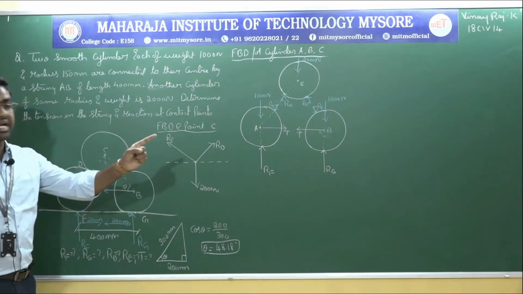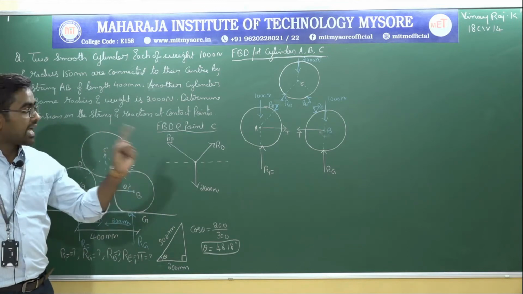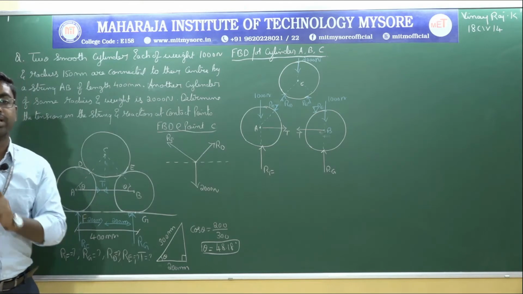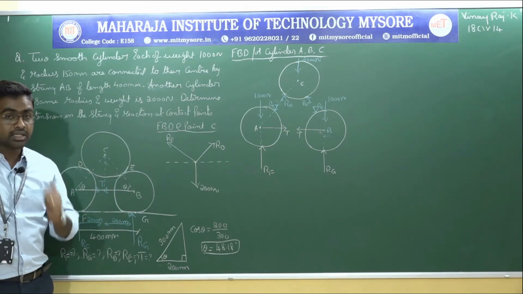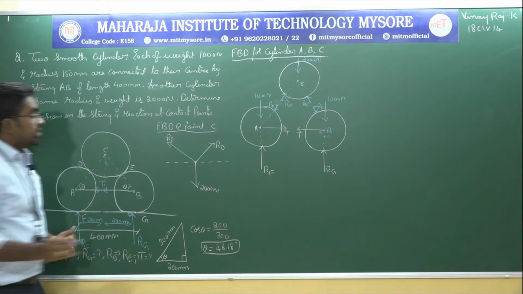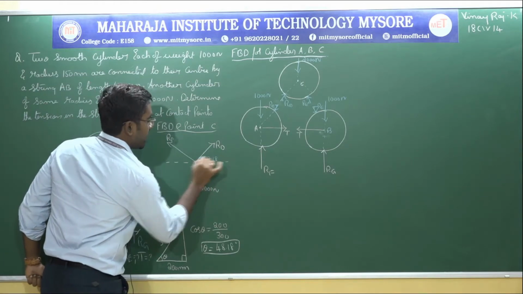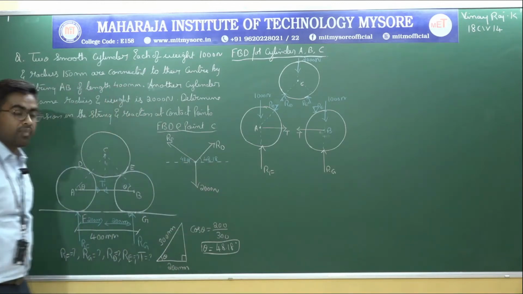For both the inclined reactions, that is RD and RE, the angle with respect to horizontal is the same, that is 48.18, which we have calculated here. Understood? Now with respect to horizontal, even this angle is 48.18 and this angle is 48.18.